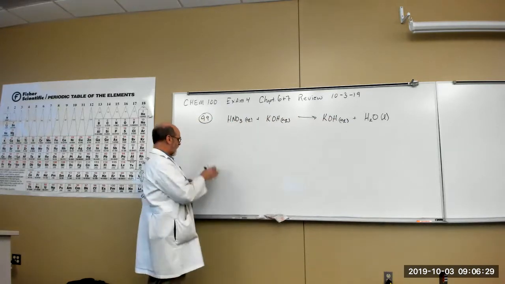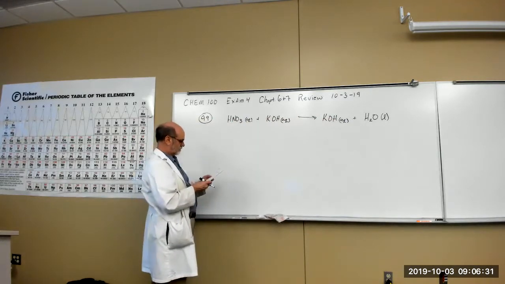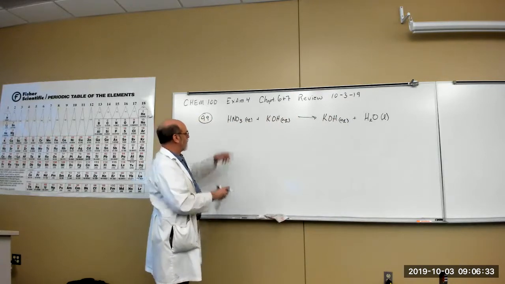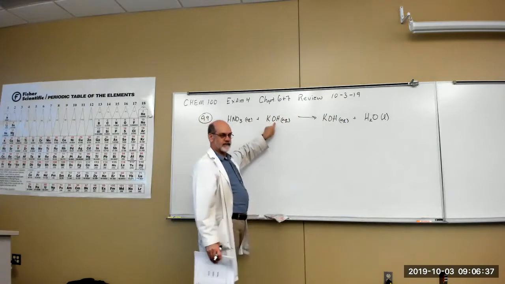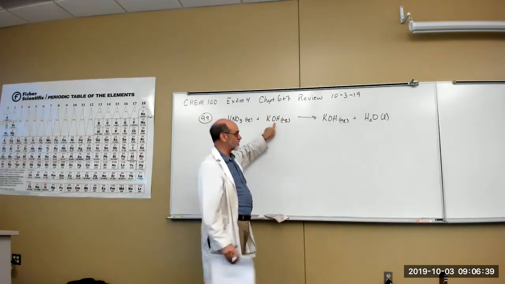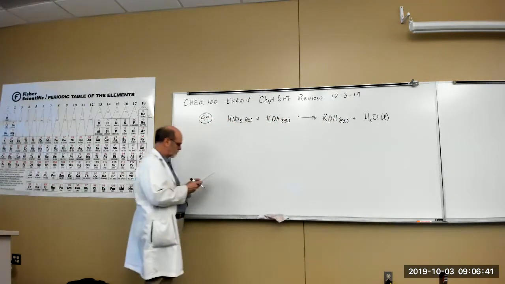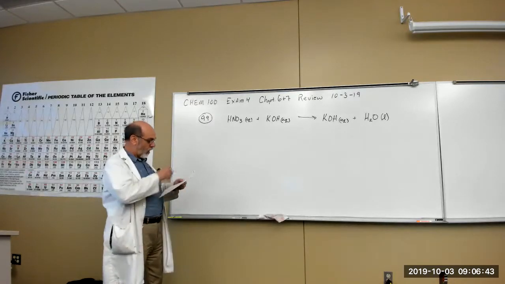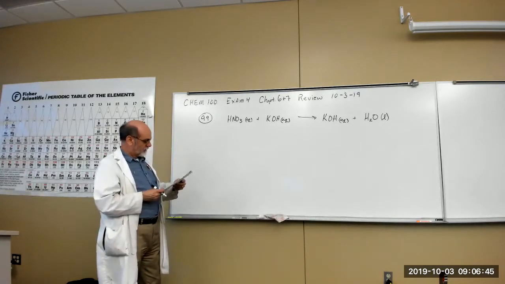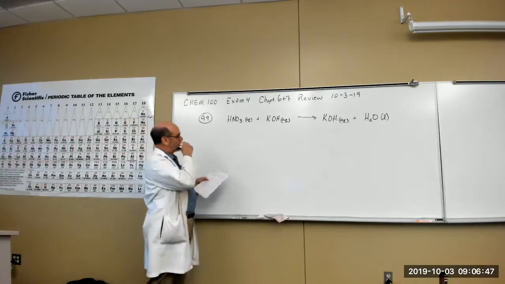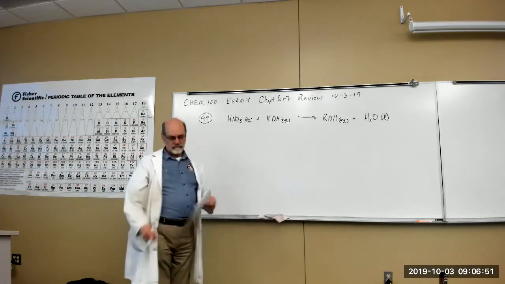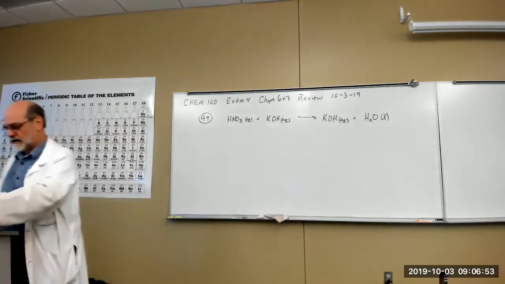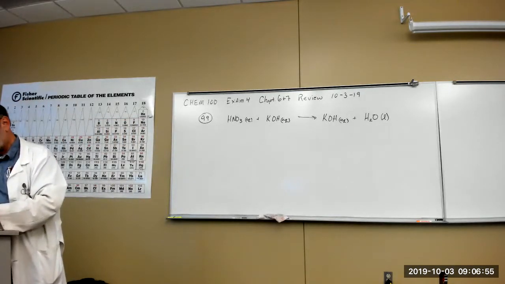Now, what type of reaction is it? Right, there's an acid, there's the clue, there's a base, right? So it's an acid-base reaction. Now, all these other selections, oxidation reduction, well, here's another way to tease that out.